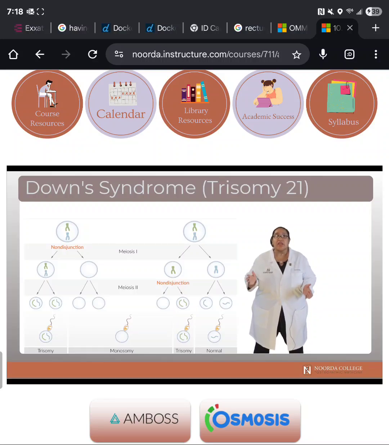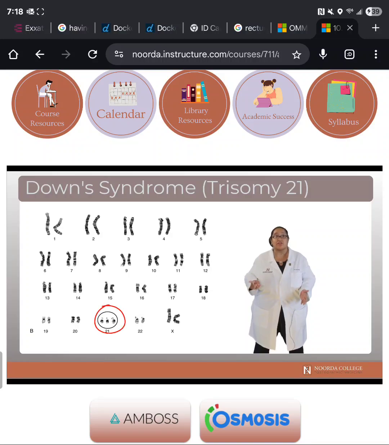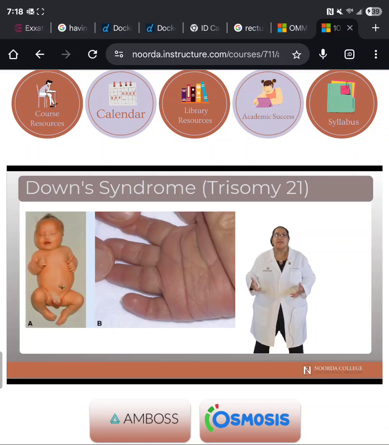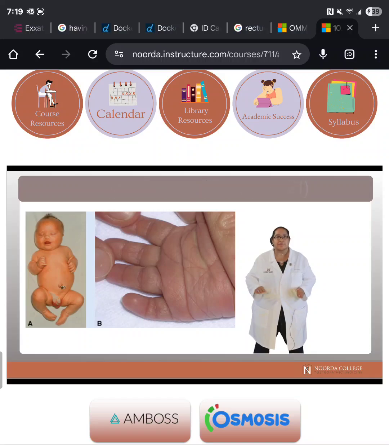Here, there are 3 chromosome 21s instead of just 2. And this genetic disorder results in developmental delay, cognitive impairment, craniofacial abnormalities, and a constellation of associated conditions such as congenital heart defects, hematologic problems, endocrine abnormalities, among others.